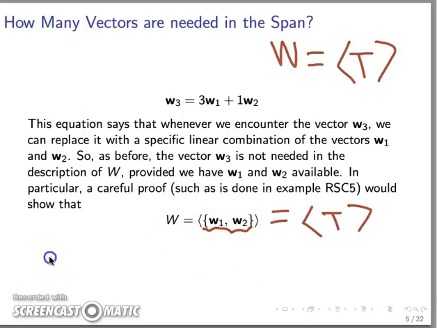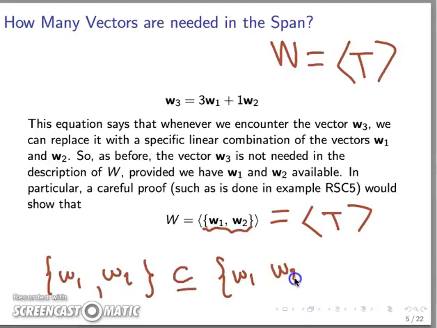And so W1 and W2, as a set collecting these two, is a subset of the original set that contains 4 elements: W1, W2, W4, and W3, right? So this is the original set we call T, and this is a subset.